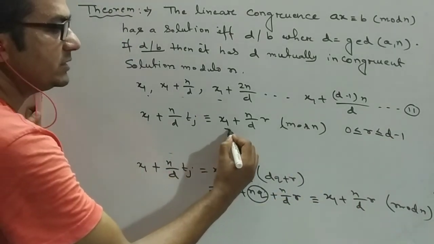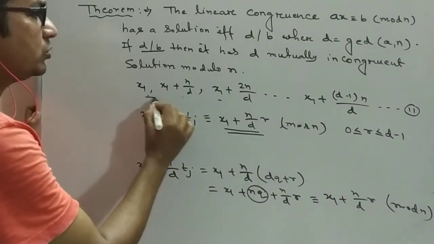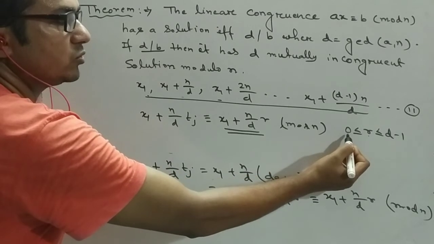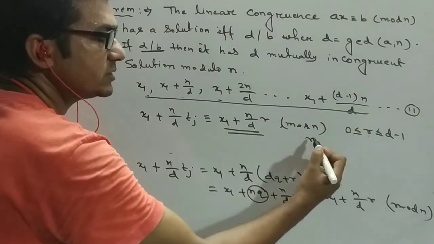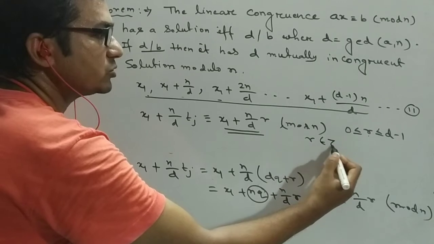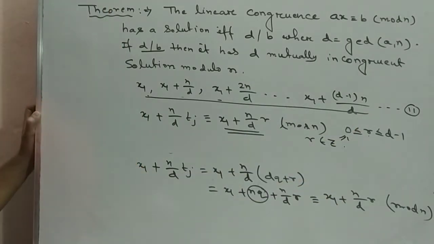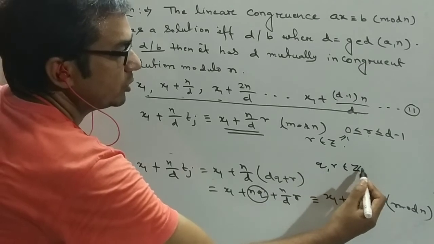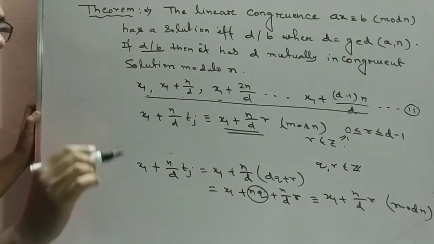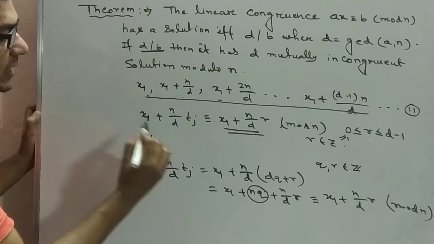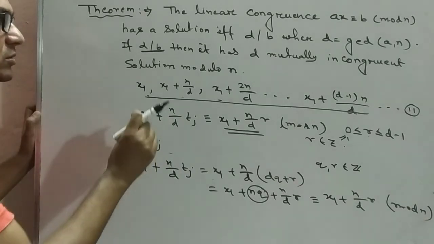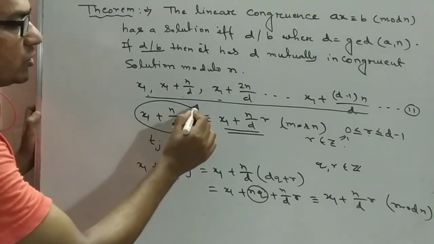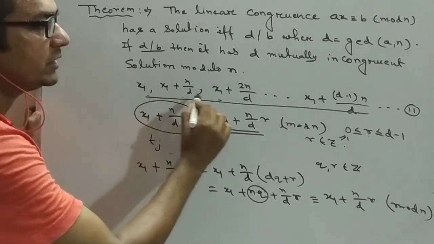That is, this integer must belong to the list 2, since r belongs to Z and 0 less than or equal to r less than or equal to d minus 1. Here also q, r both belong to Z. That is, if Tj is not 0, 1 to d minus 1, then this type of solution must be congruent to one of the solutions in the list 2.